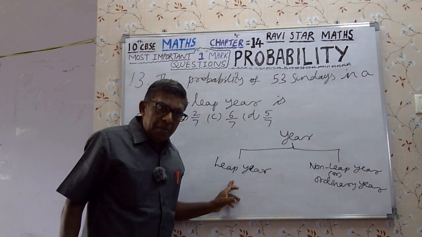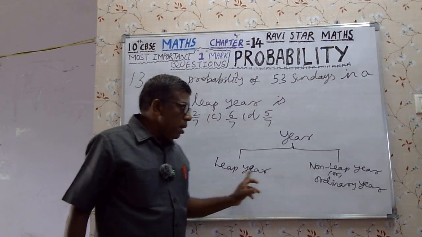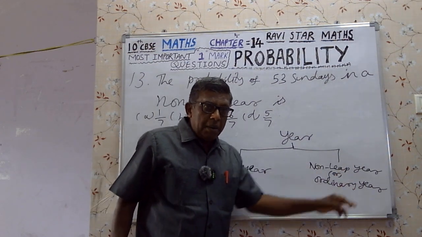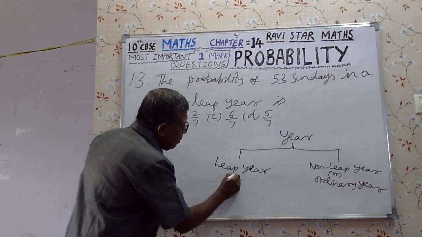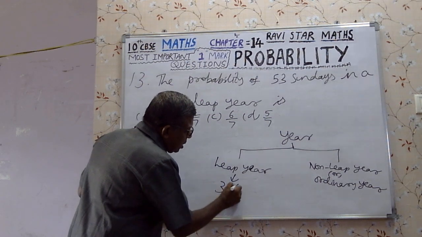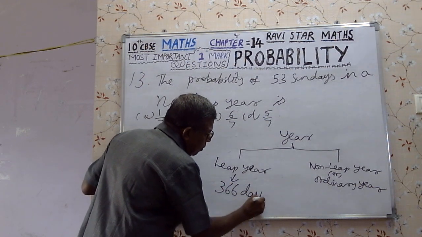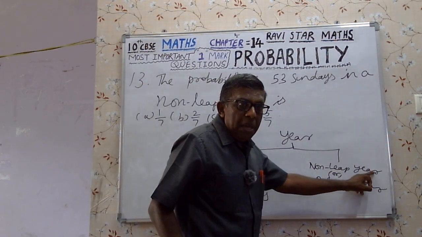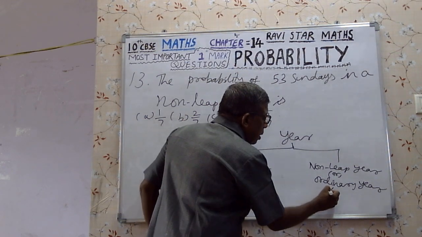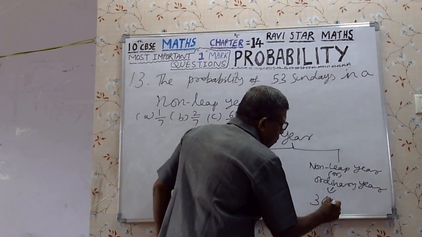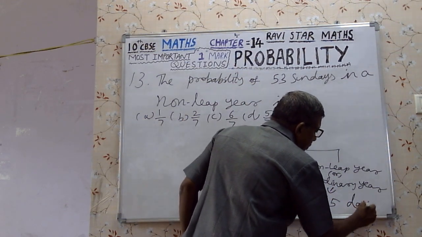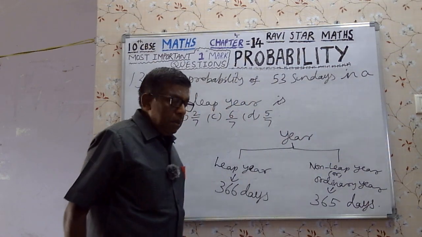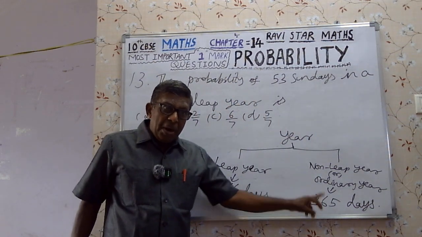A leap year contains 366 days. A non-leap year contains 365 days.